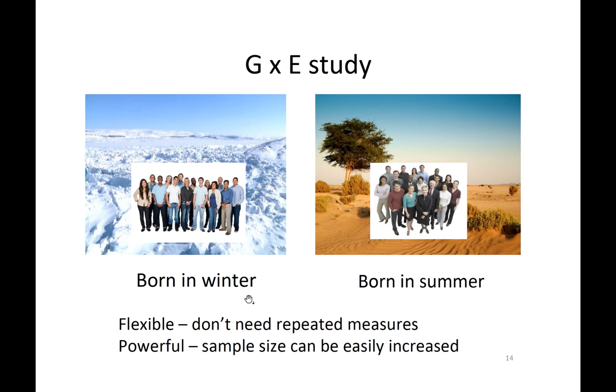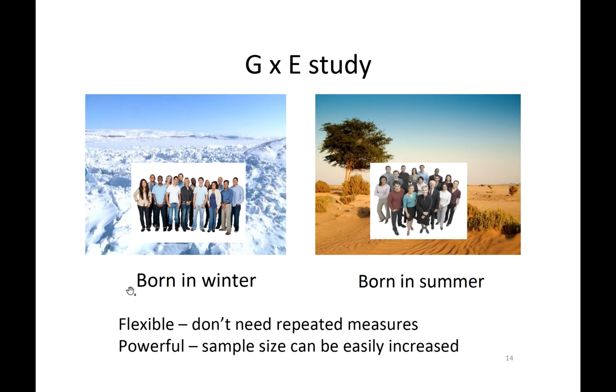However, this has never been possible because in traditional design, if you want to tackle a problem in a G by E context, you have to have repeated measures. For example, in this case, one would have to have multiple records for when they were born.